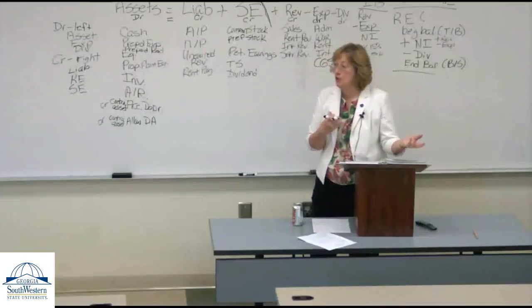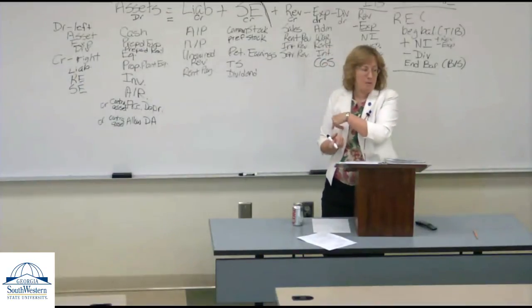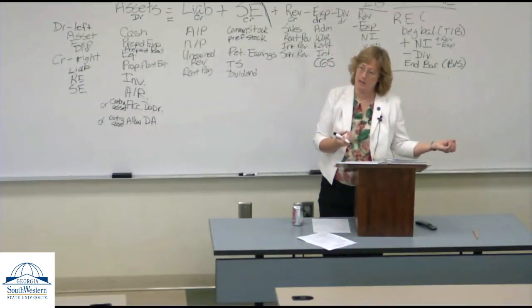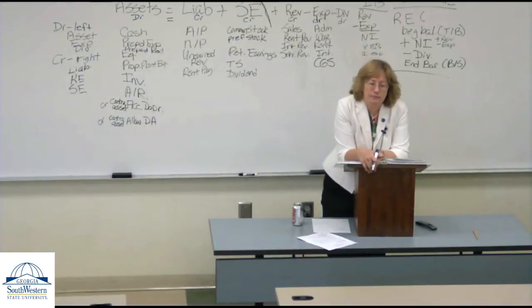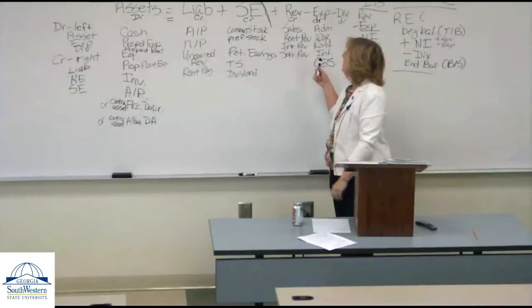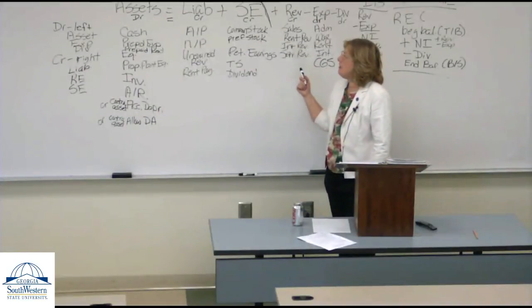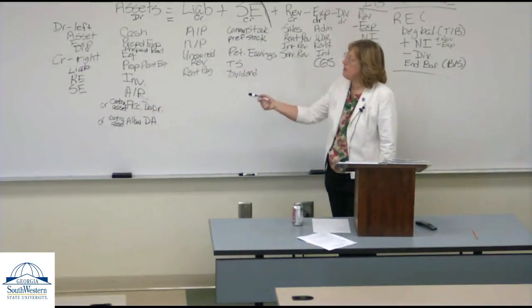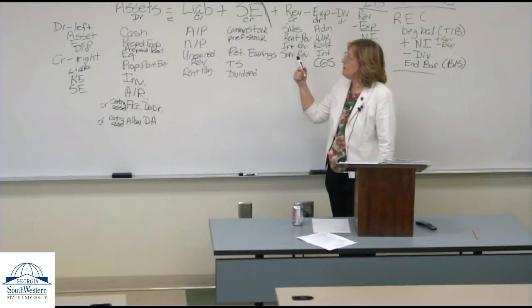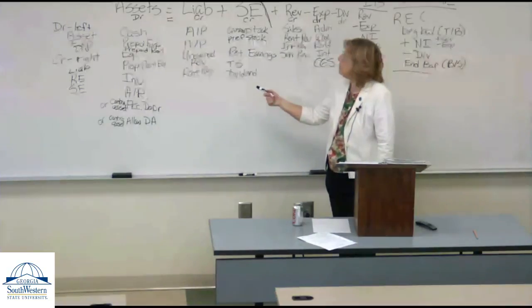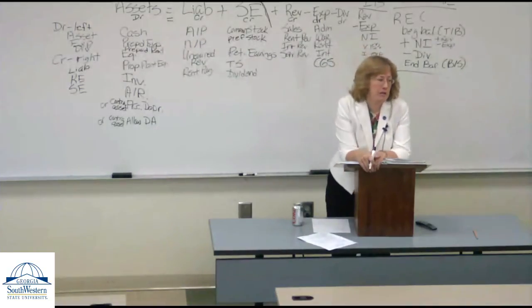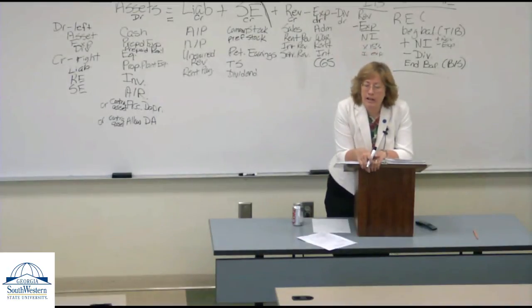When you collect it, you don't recognize revenue. You put it in a payable account to pay it to the government later. Okay? So we could have income tax expense, prepaid income tax, income tax payable. We could have all those different things. All right, any other questions about this part?